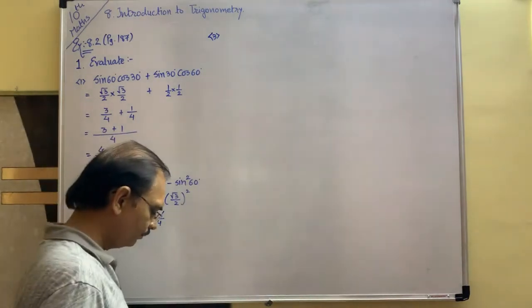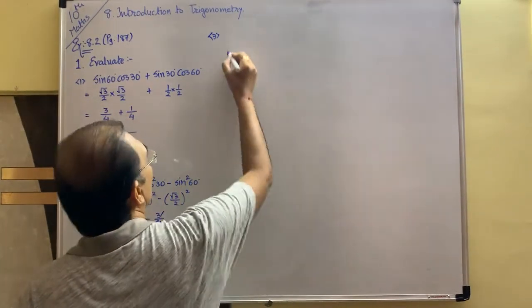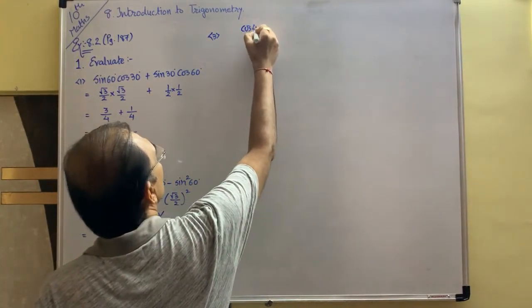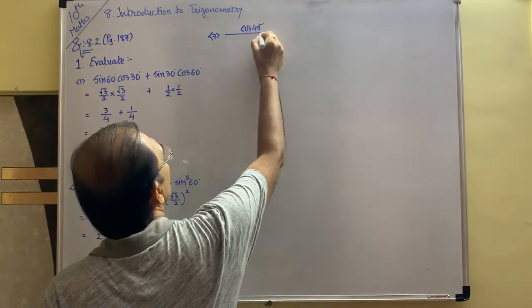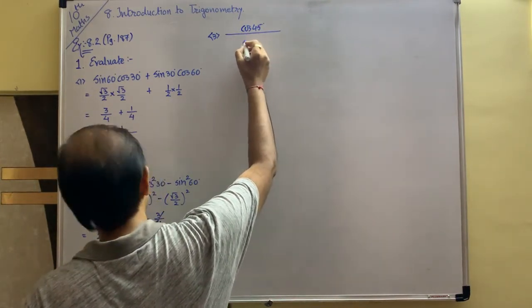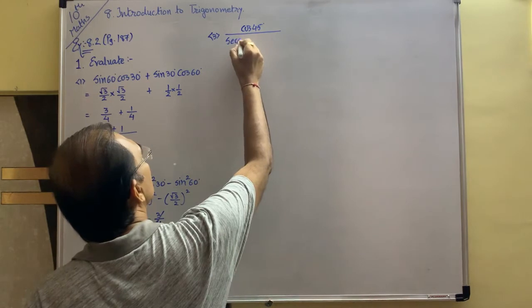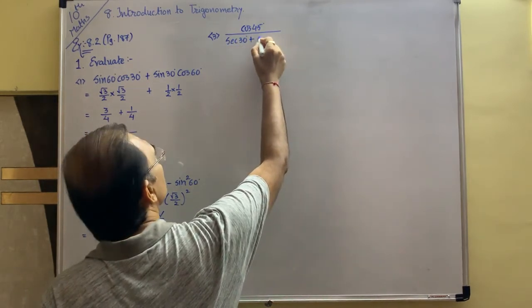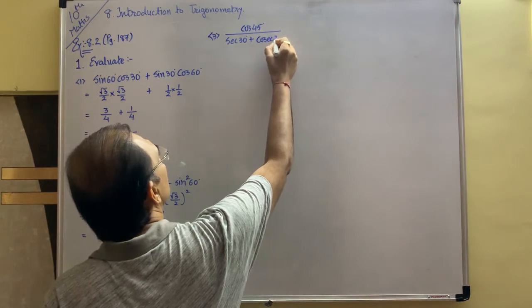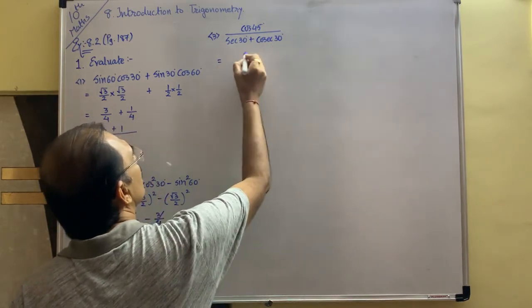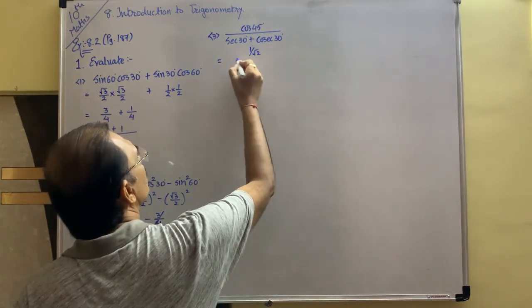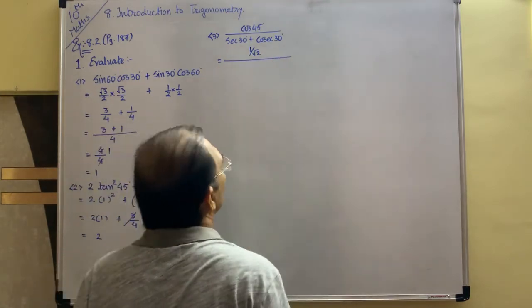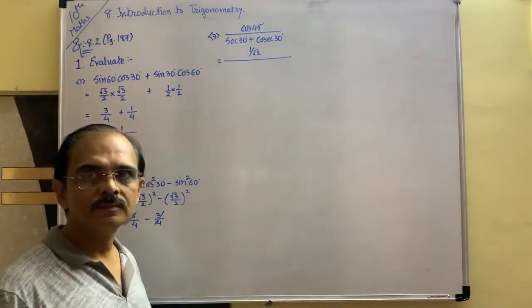3 number. Cos 45 by sec 30 plus cosec 30. Cos 45 is 1 upon root 2. Sec 30.